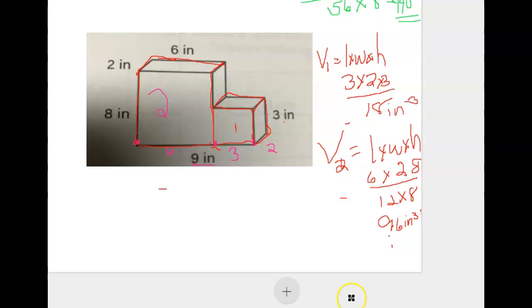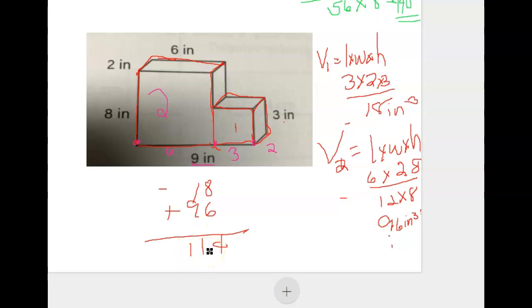Okay, so volume 1 is 18, volume 2 is 96. Add the two volumes, 18 plus 96. So 6 plus 8 is 14, carry 1. 9 plus 1 is 10, plus 1 is what? 11.